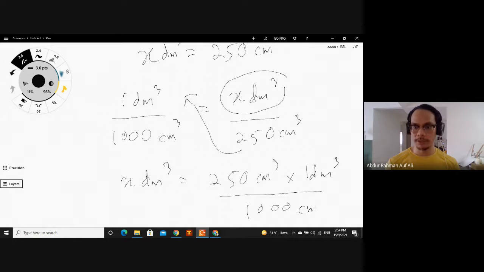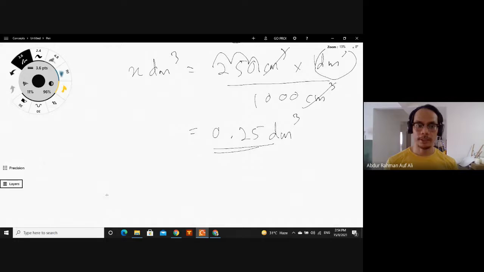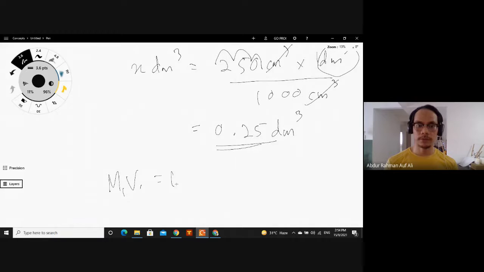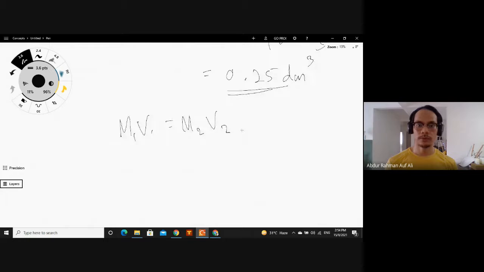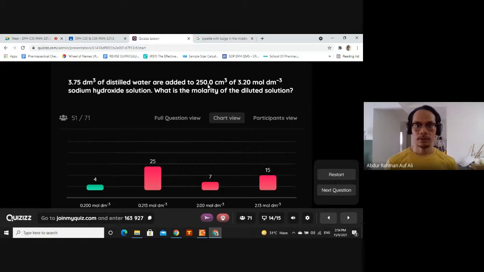So kalau kamu buat macam ni, kamu akan nampak this one sama dengan this one cancel out. So tinggallah unit dm cubic. So 250 darab dengan 1 bahagi dengan 1000. So 1, 2, 3. 0.25 decimeter cubic. So this is the value that we use in the calculation of M1 V1 equals to M2 V2. Okay, so ini 0.25 darab dengan 3.20.